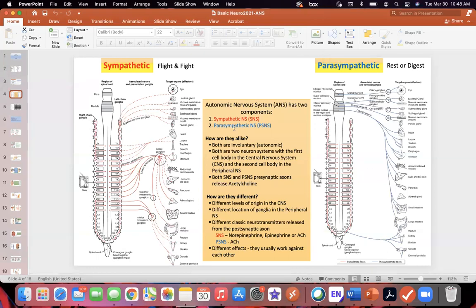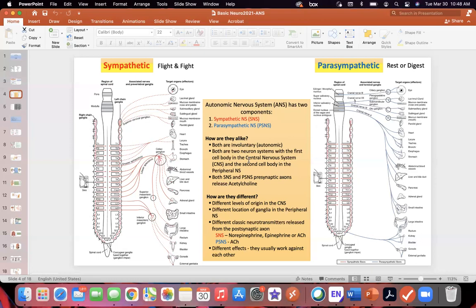Again, there are two divisions, sympathetic and parasympathetic. So what are the similarities between them? Both are involuntary, and both are motor. None of them will control skeletal muscle or any voluntary structures. Okay, so they are autonomic. Both of them are two neuron systems.